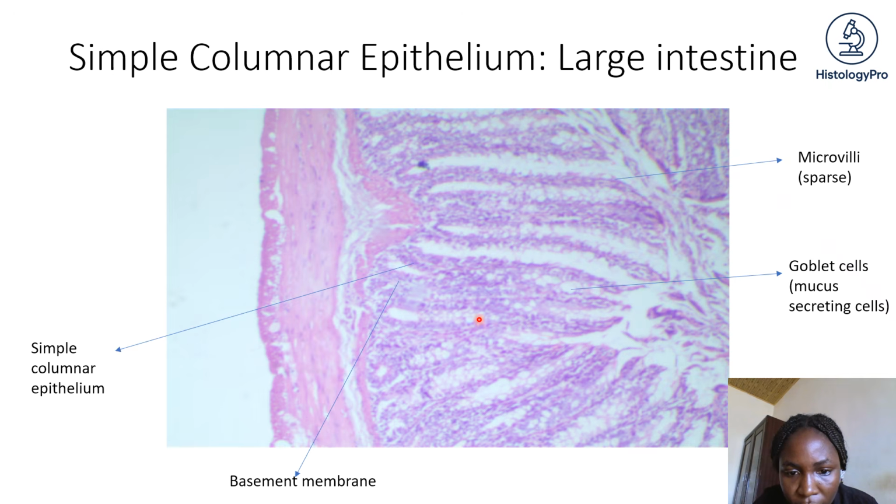When we look at the apical surface, or the luminal surface, we notice scanty microvilli, and we can also note the goblet cells are present as pale mucus-secreting cells. They are whitish, and they secrete mucus.